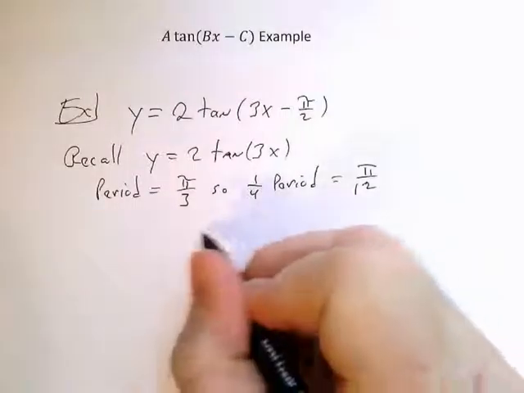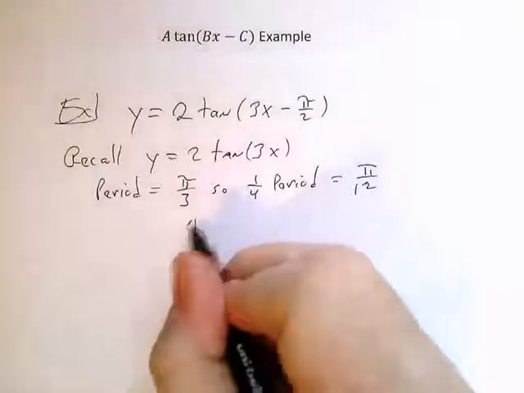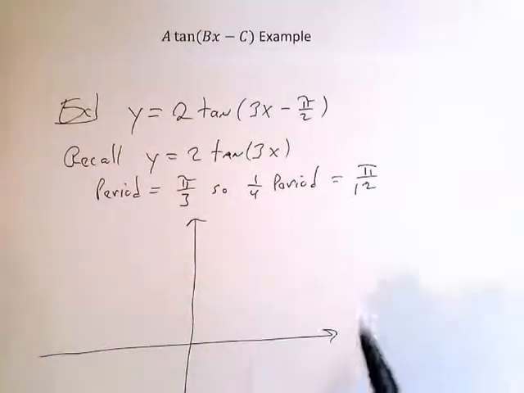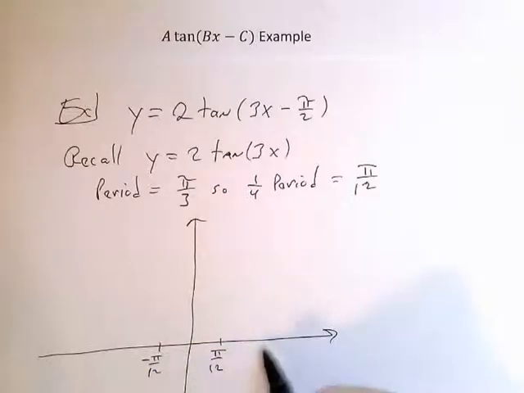So remember our graph here, we have our tick marks at, here's pi over 12, negative pi over 12, here's 2 pi over 12, negative 2 pi over 12.